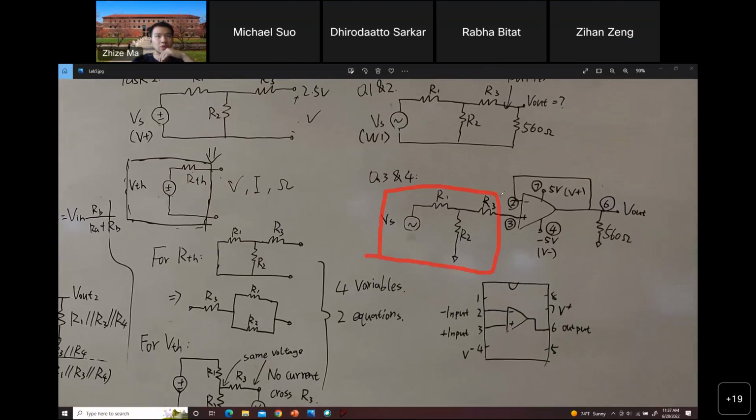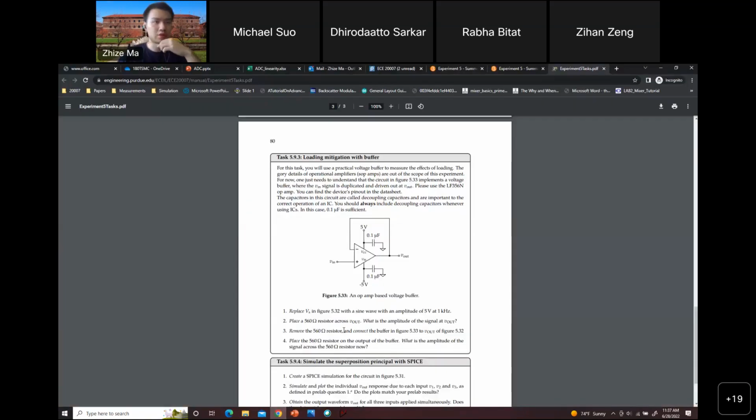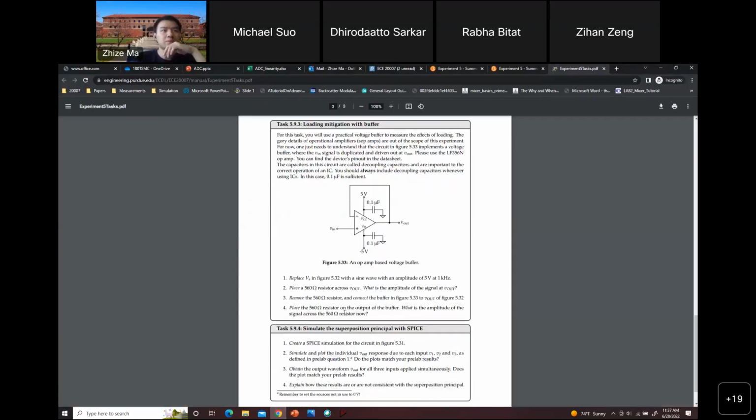And this part right here is the buffer. Then you put your 516 ohm resistor at the output of the buffer, and then you measure the output again. This is the circuit schematic for this step, and then you measure the amplitude, and you will see a difference between this amplitude and the amplitude you measured in step number 2.